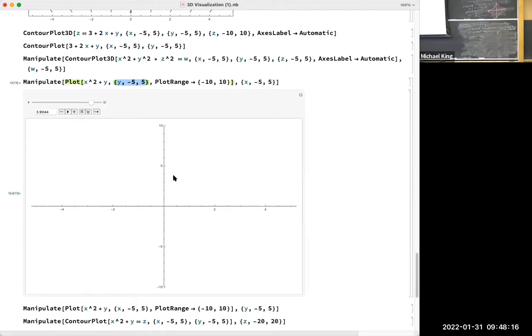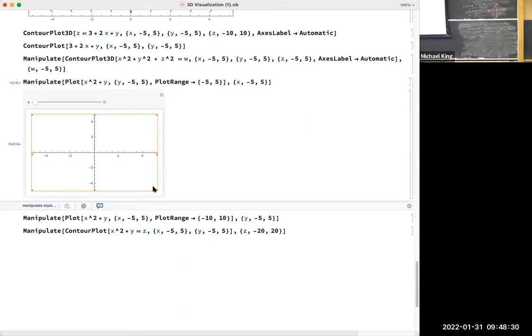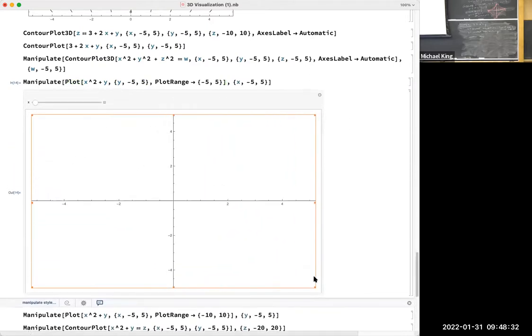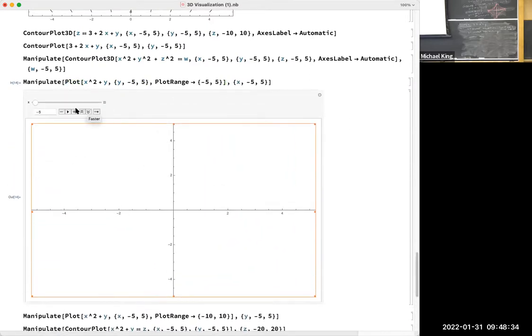Yeah, this is yz. I guess I could have just done -5 to 5 to make it more... Okay, so those are all lines. That's interesting.